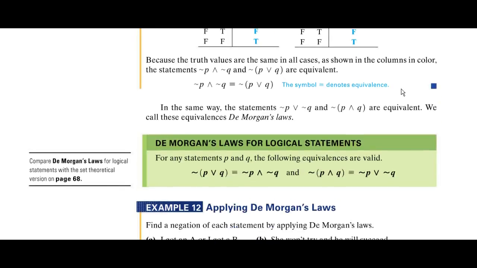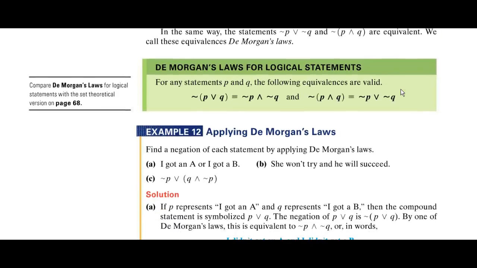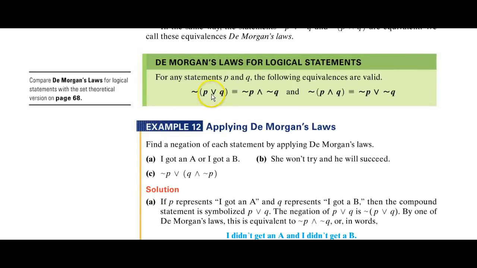And this is expressed as De Morgan's law for logical statements. So the negation of P or Q, and it's 3 little lines there, looks like the equivalent symbol, not P and not Q. Now notice here we have an and, here we have an or, here we have an and, here we have an or.